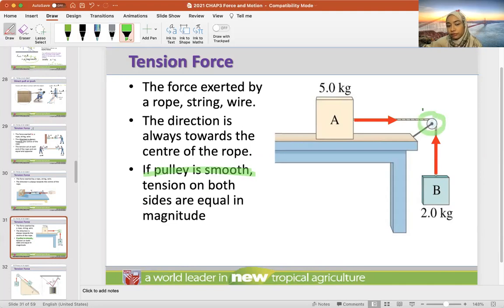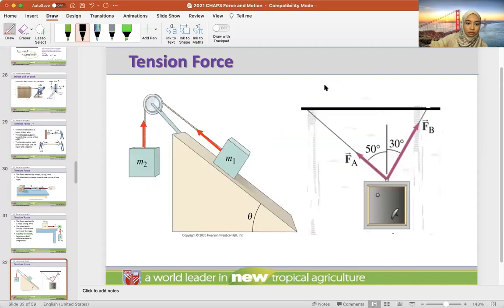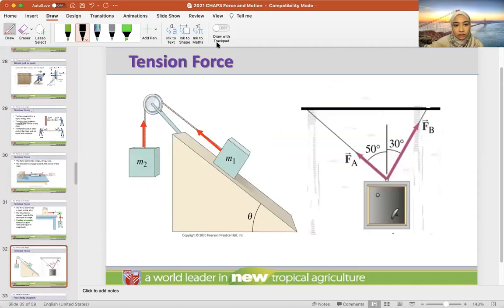If this has no friction, if it is super smooth, then your tension would be equal and towards the center of the rope or string. This is a string, right? The center is still here even though it looks odd. So it's still acting towards the center. If the pulley is smooth, the tension is equal. Again, if the pulley is smooth, this T is equal to this T.